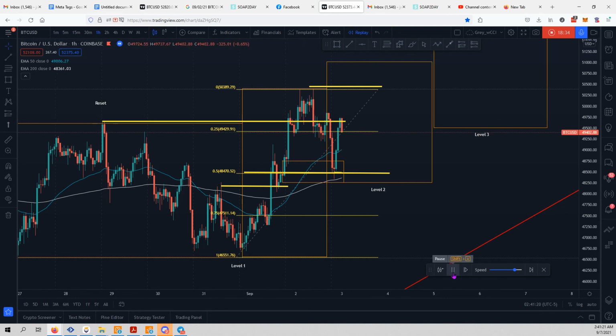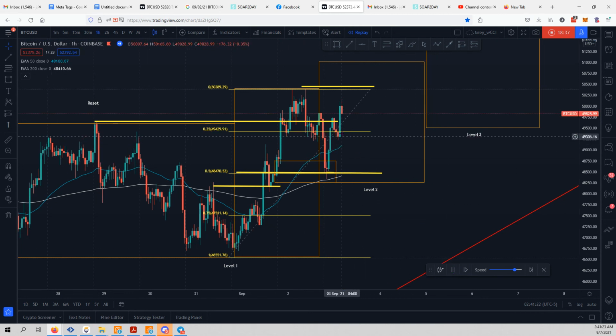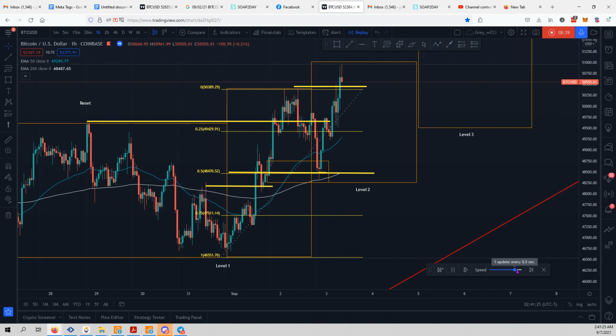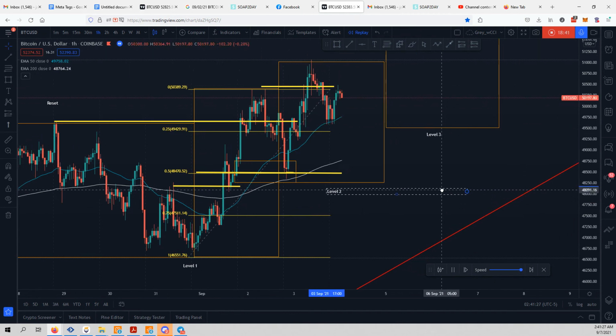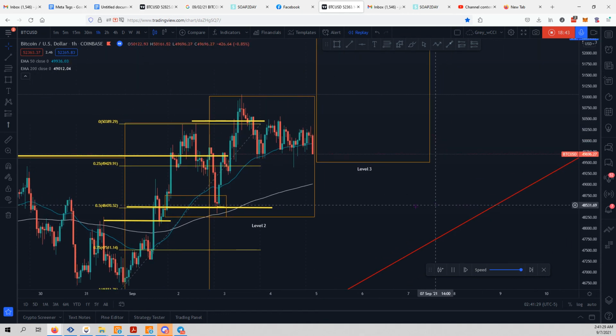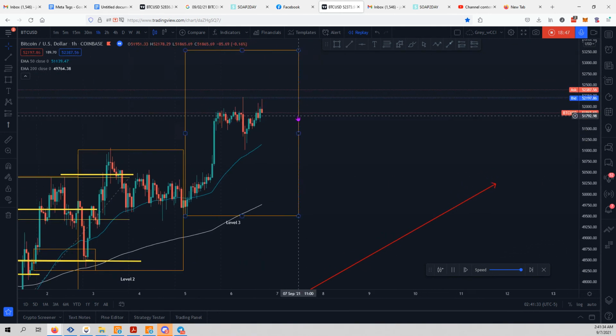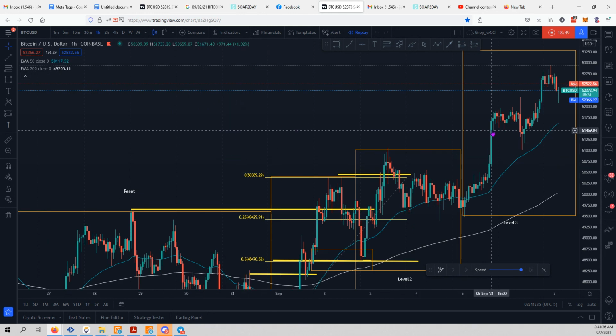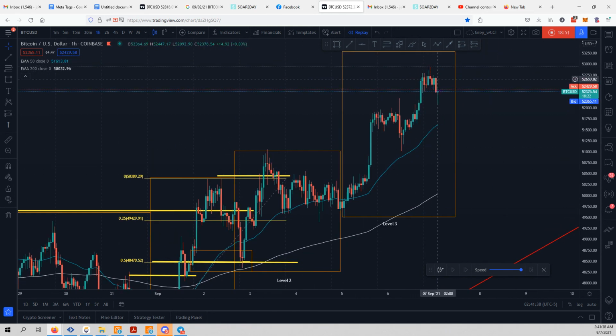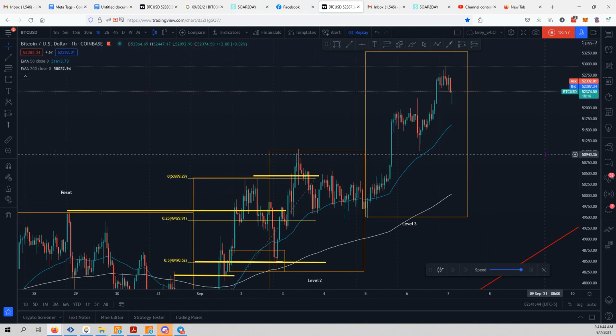So let's watch price. Boom, boom, and here it is. It's moving, moving, moving, and then breaks from a level 1 to a level 3 over the weekend. Boom. It dug even deeper into profitable territory on the trade that I got in on.